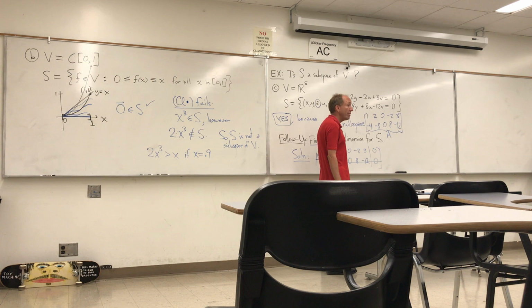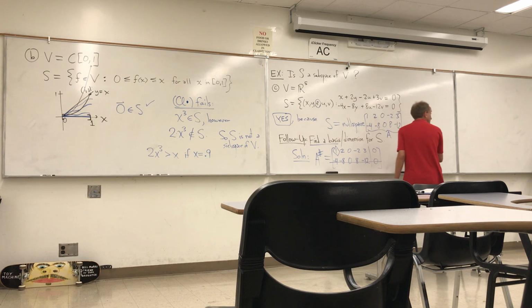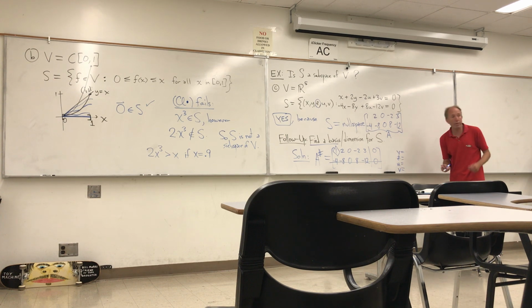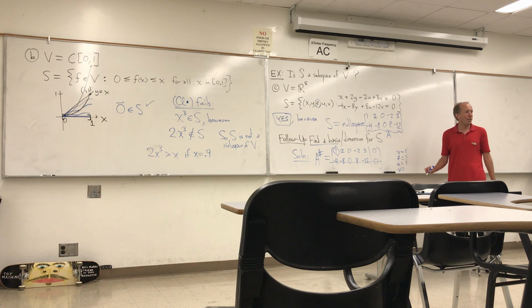I have 4 free variables. Which of my variables would be considered the free variables? Y, Z, U, and V, right? Those are the free variables. So I usually like to use R, S, T, I'm running out of letters. And we could use W. Okay, fine.